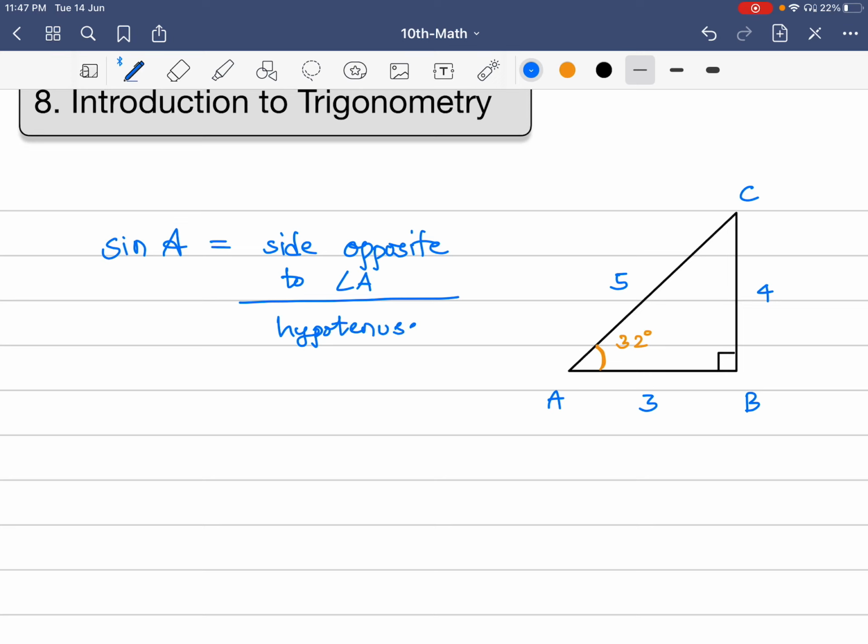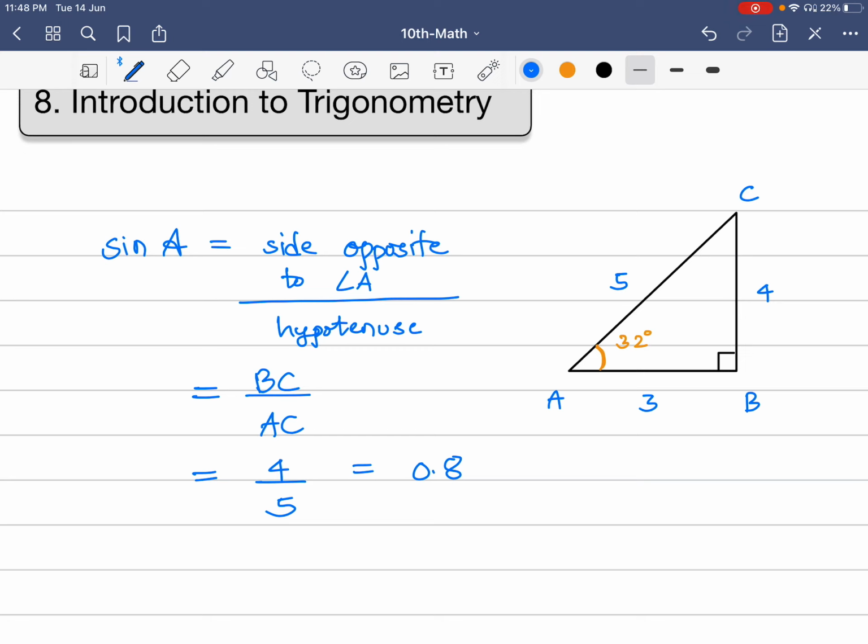This is the standard definition of sine of A. In this case, it is equal to the side opposite to angle A. What is the side opposite to angle A? It's BC. So BC divided by the hypotenuse, which is the side opposite to the right angle, so AC. So BC divided by AC is equal to 4 divided by 5, which is 0.8.